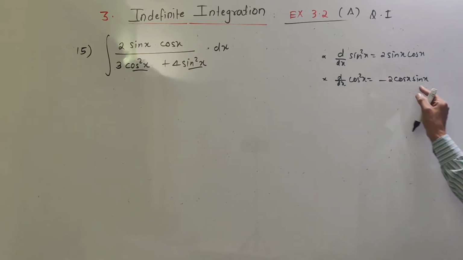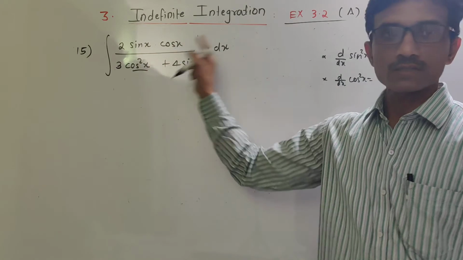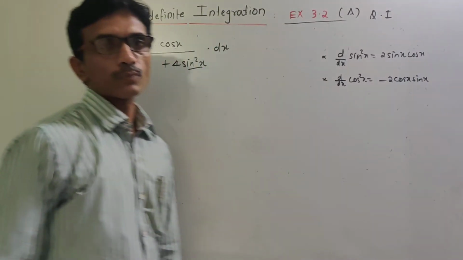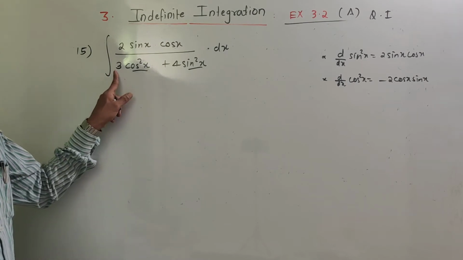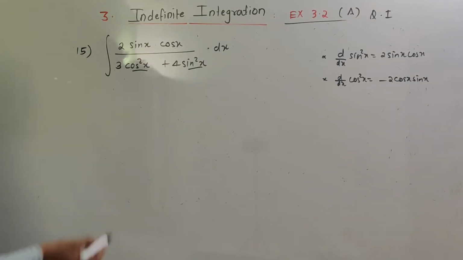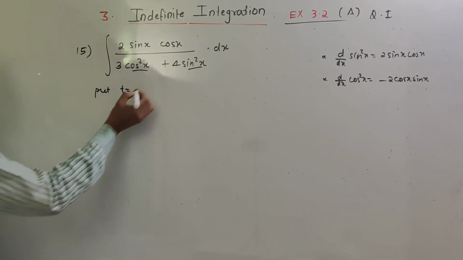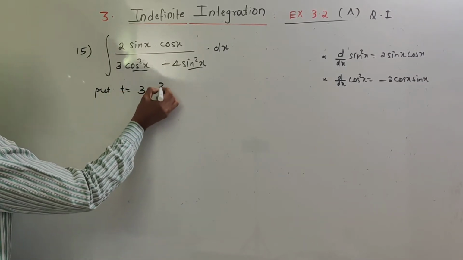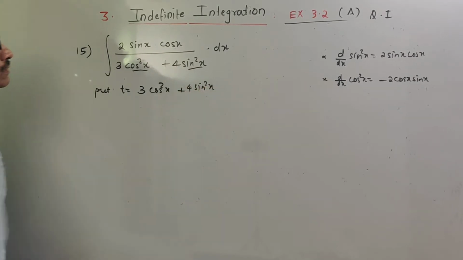So in both derivatives we are getting 2 sin x cos x. Therefore we substitute the whole denominator as t. So we put t is equal to 3 cos square x plus 4 sin square x.